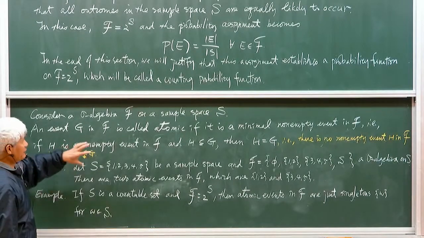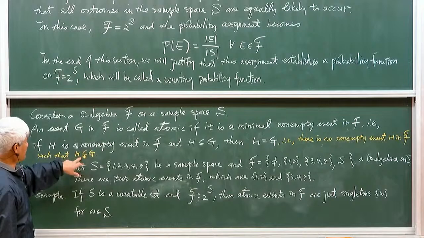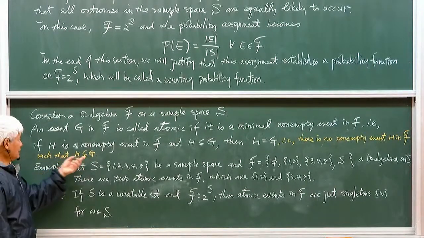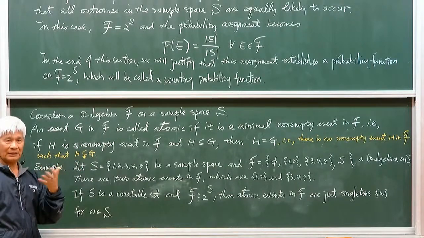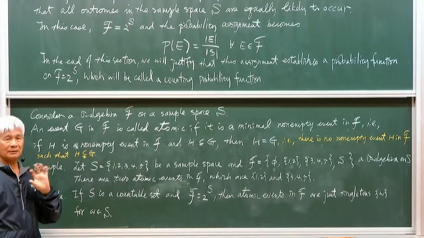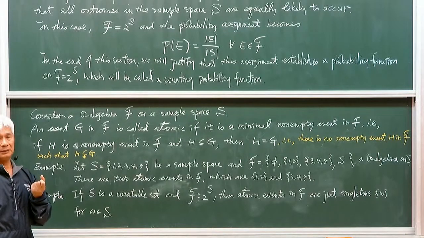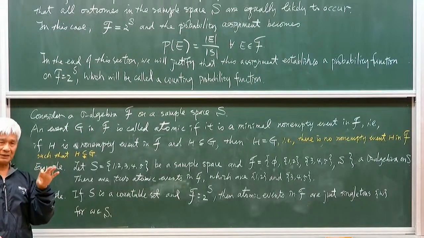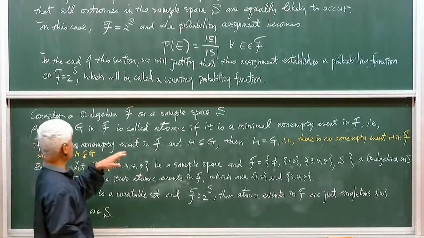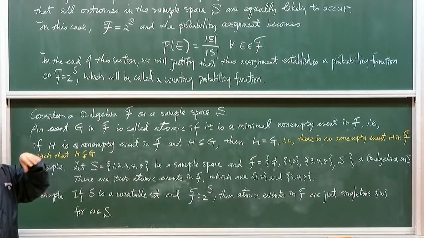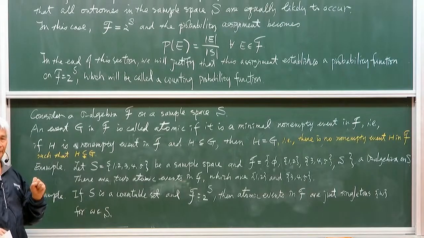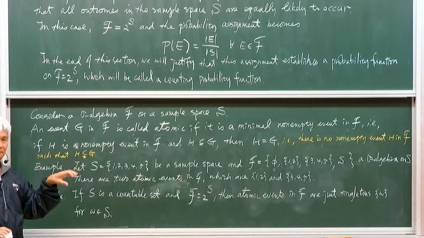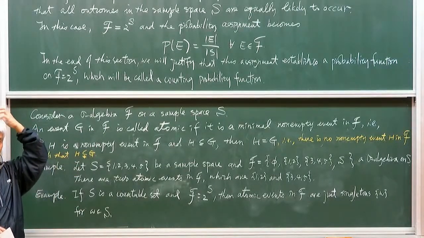Because if we can find an event in F which is a proper subset of G, then H is a smaller event than G, so that G is not the minimum one. This defines the so-called minimum element in a collection, and there are many different minimum events.